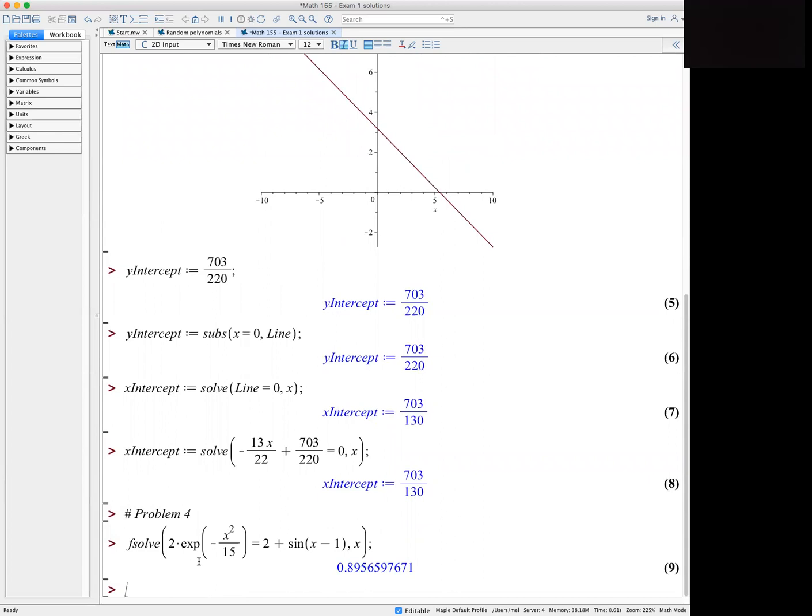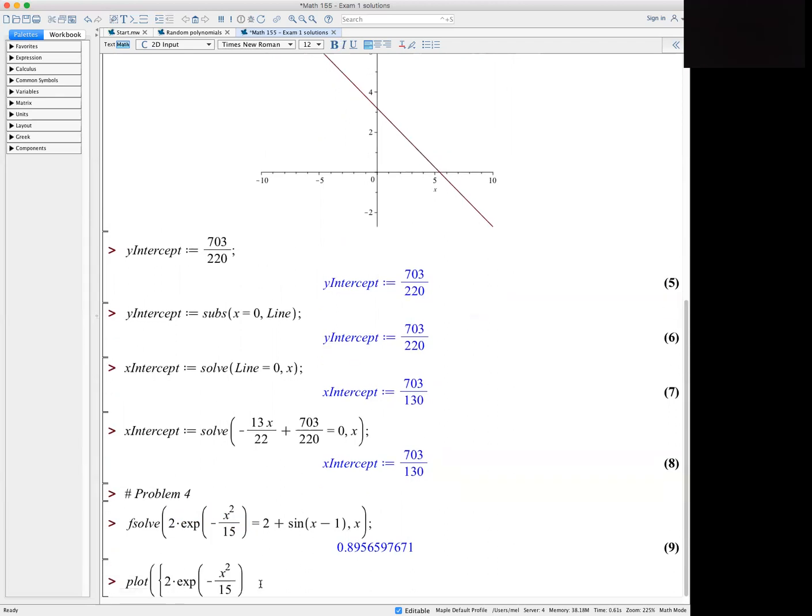And Maple gives us one solution, but there might be others. So the best way to check is to plot this. So if we plot this curve and this curve, the points of intersection are the solutions. Suppose we plot then on the same graph this equation and this equation.